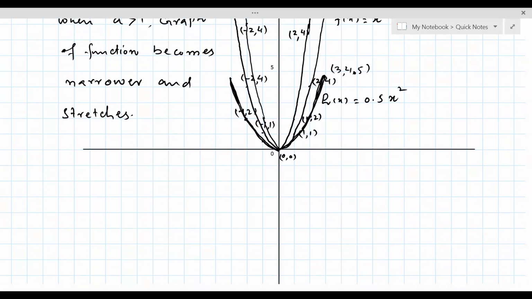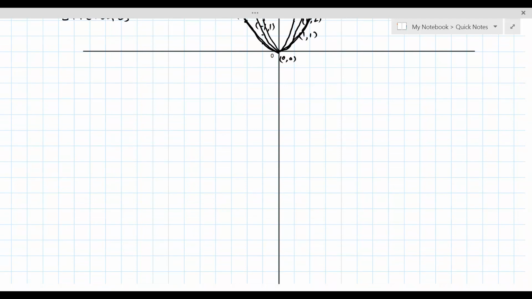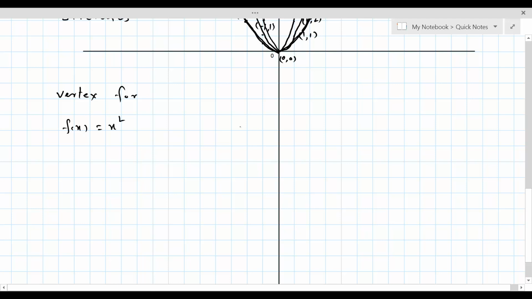If we take a look at the elements of the graph, we will try to find out the elements in comparison. So vertex for f of x is equal to x square, g of x equal to 2x square, and h of x is equal to 1/2x square.